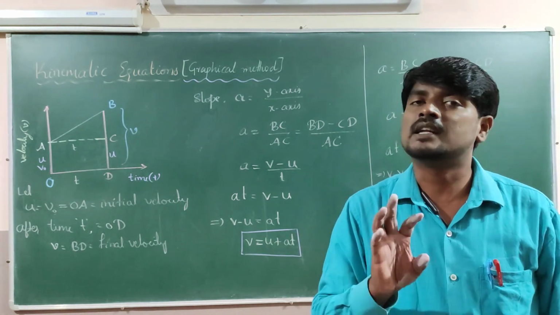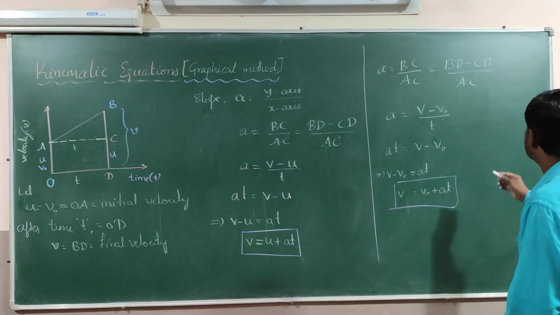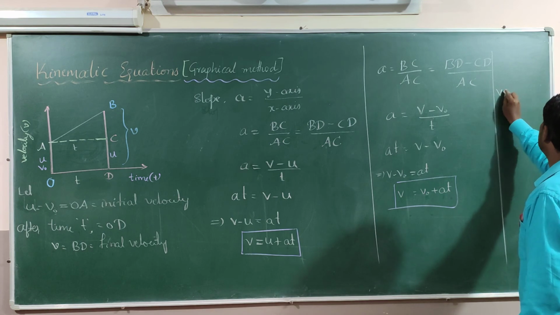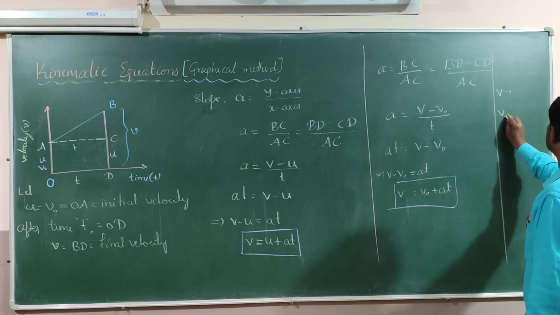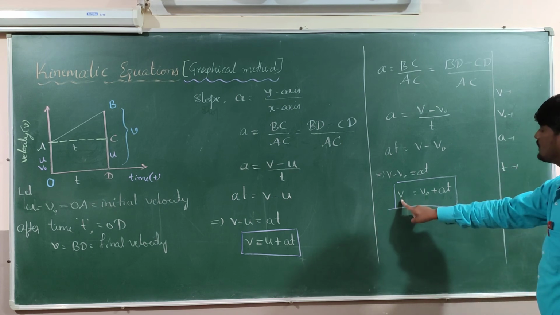First, to understand the fundamental concept of this equation, let me start certain things here. All the concepts we have here: V we have, V0 we have, A we have, T we have. Total 4 terms are there.